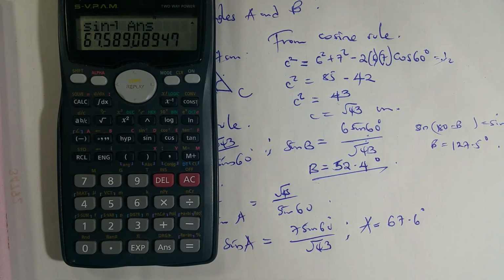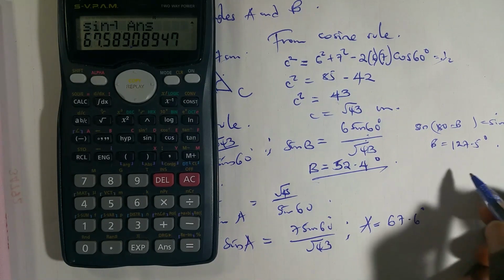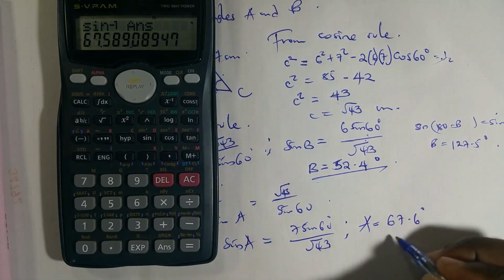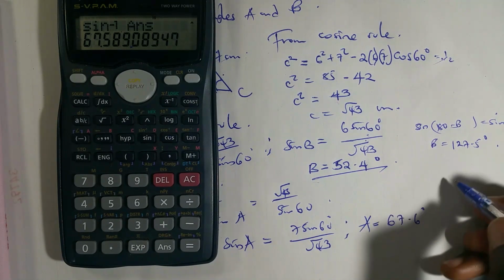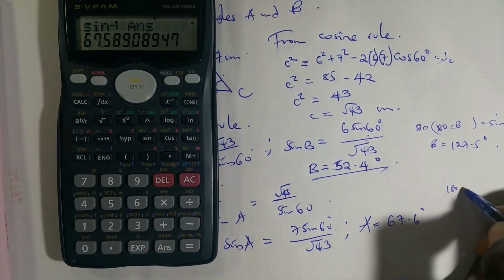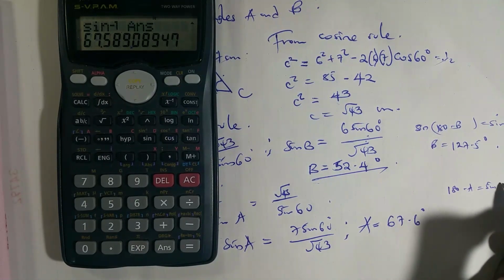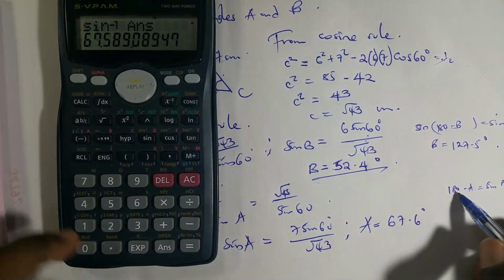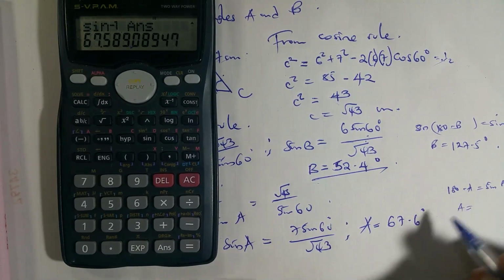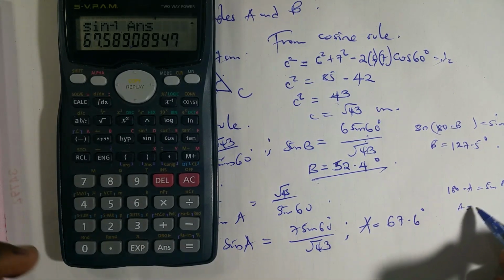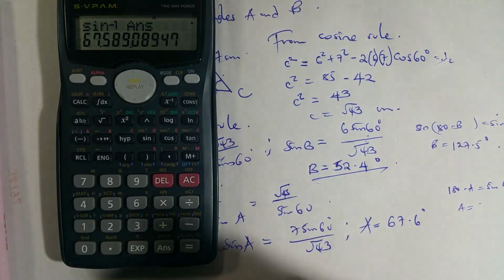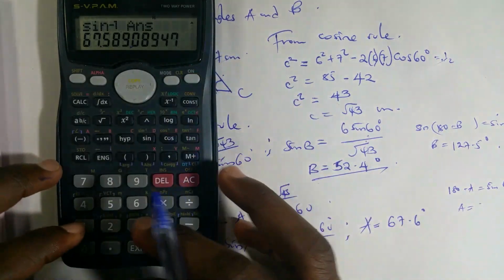So we have 67.6. Now we check for the case of the obtuse. Remember, for the obtuse one we have 180 minus A, giving the same as sine A. So A is going to be 180 minus that. We already did that, you can go back to the video to understand more.